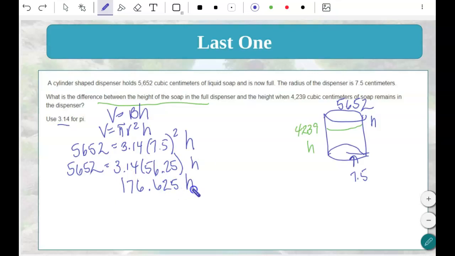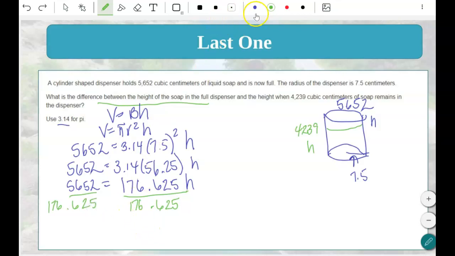We still have the h. That's what we're looking for. Now we're going to solve by dividing by 176.625, and you have to do it with both sides.